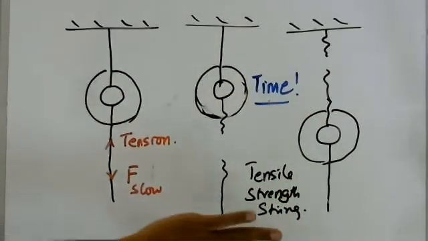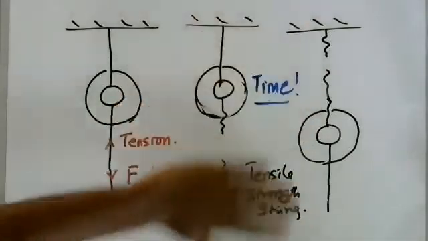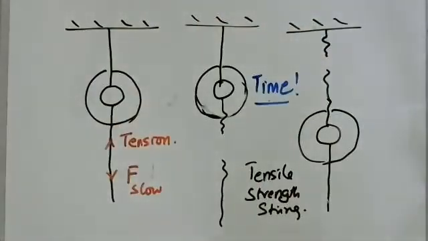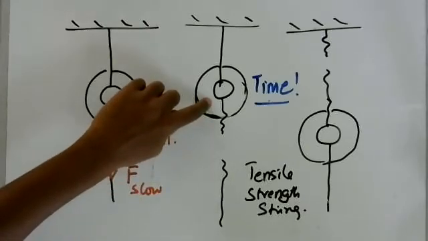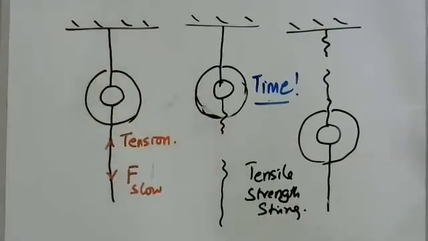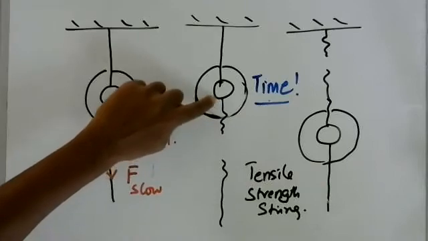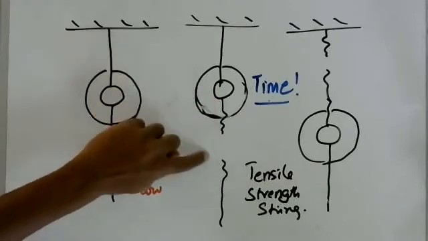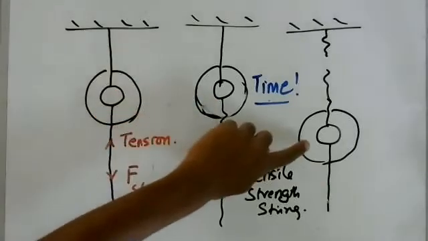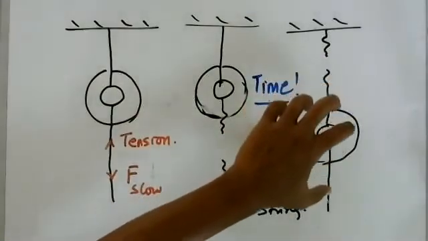When you pull, the tension gets distributed in all the strings at the same time with the same intensity. But in this case, the pull downwards plus the force with which the mass resists movement increases the tension over here. But in this case, what happens is the mass actually starts to go down.